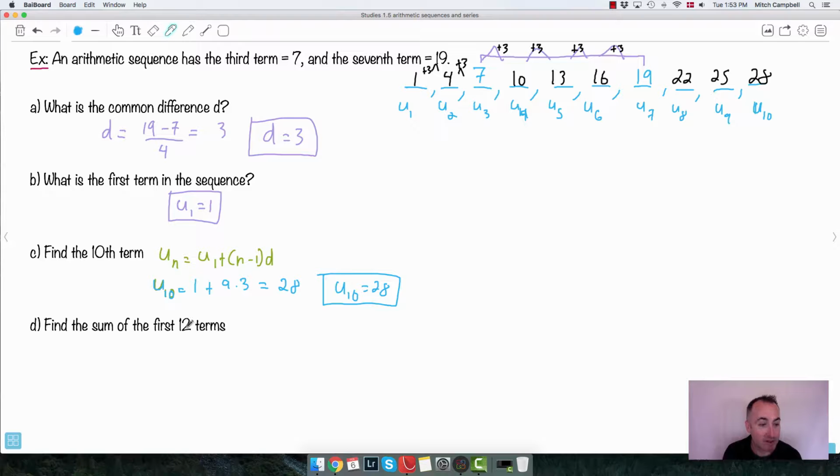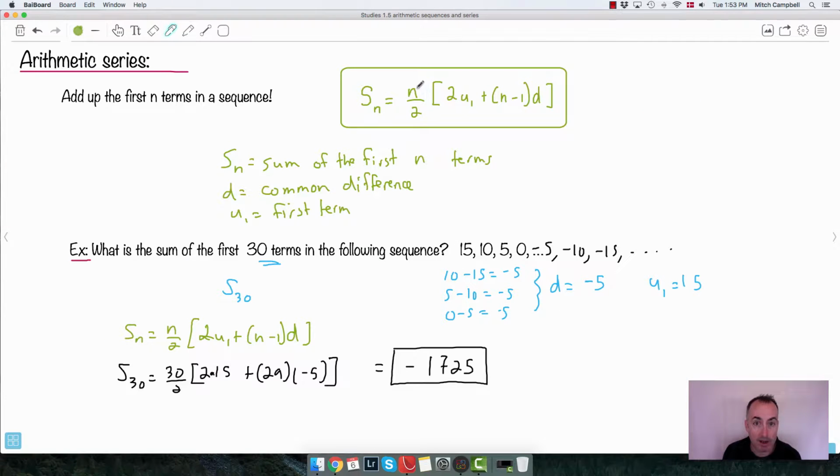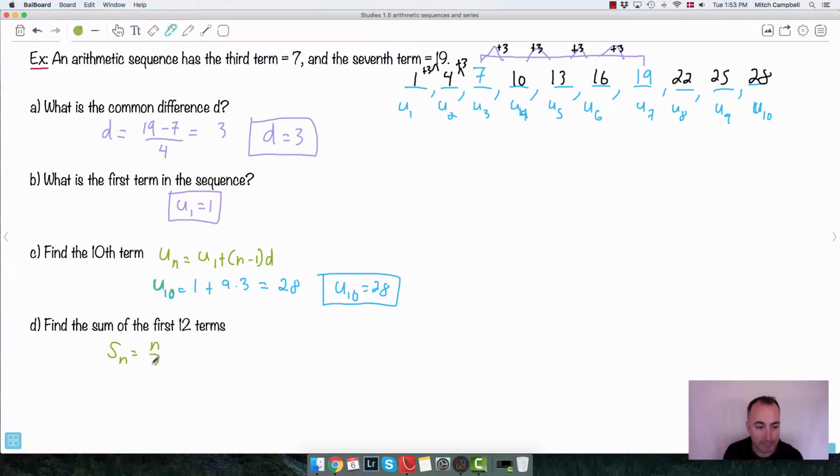What's the sum of the first 12 terms? Do you remember what that means? We use our sum equation. Sn equals. If you don't remember it, no problem, you look it up. n over 2 times 2u1 plus n minus 1 times d. So in this case right here, if I wanted S12, sum of the first 12 terms, I make n 12.